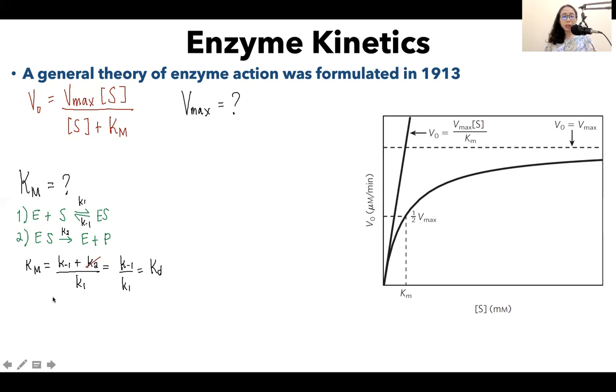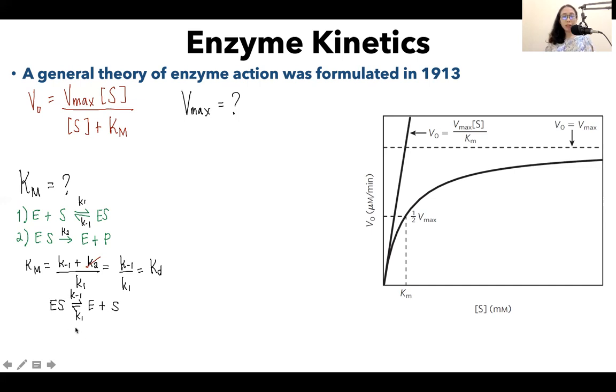So the dissociation constant refers to an equilibrium process, which is the dissociation of the enzyme substrate complex. So this time for the forward, we have K negative 1, so that we are consistent with these rate constants. And for the backward, we have K1.